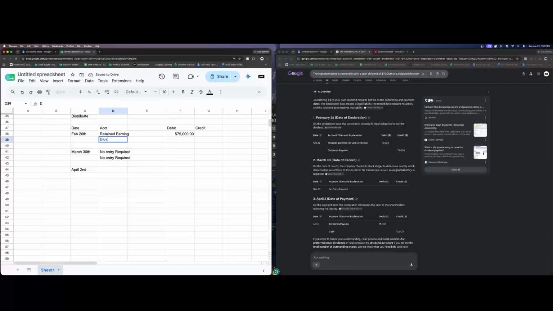And then it's going to be dividends payable. Actually, dividends payable. Alright, so no entry on March 30th, and then dividends payable $75,000, and then the cash.